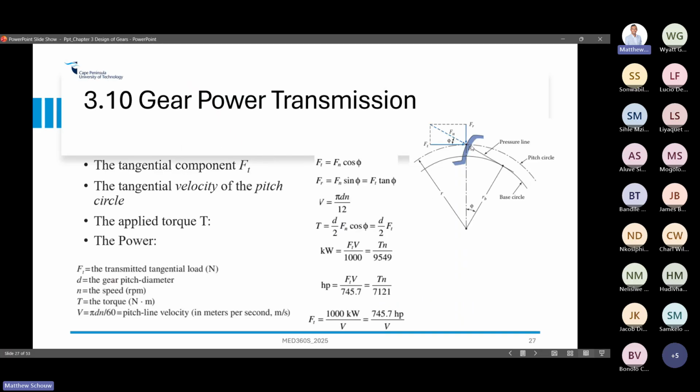So on the tooth, on the pitch circle, which is very important, you'll notice you have one force, Ft, which is causing that rotation, force times distance, at torque. Then we have the radial force, which is essentially the force separating the two gears from each other. If you think about it, as they push away, one is turning and one is pushing away.